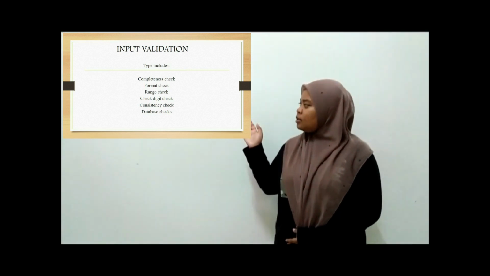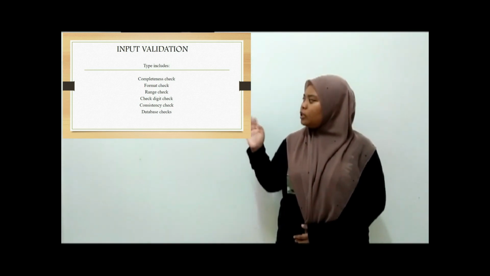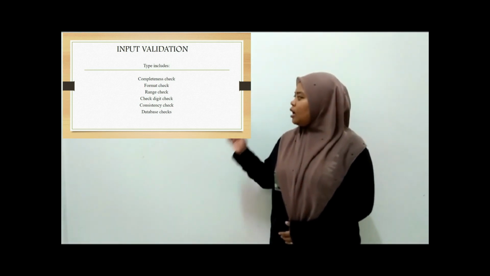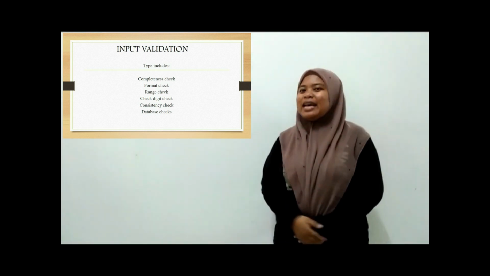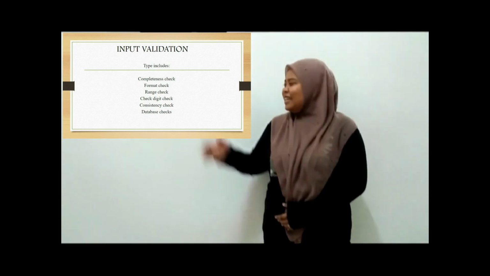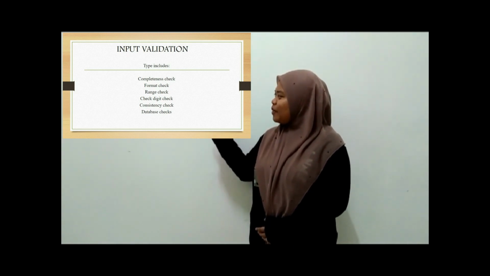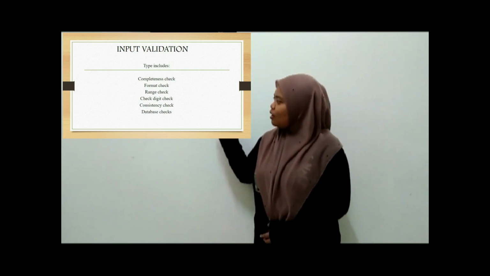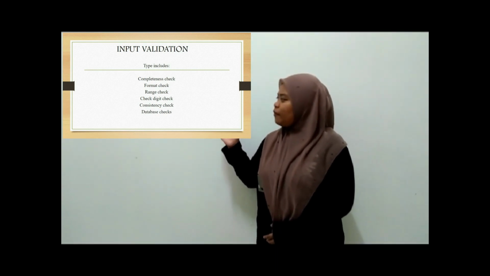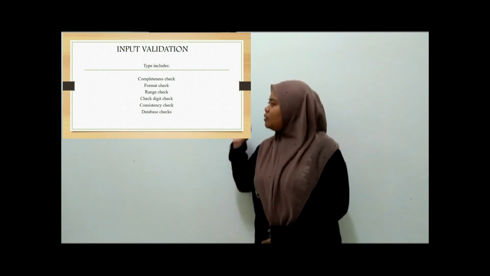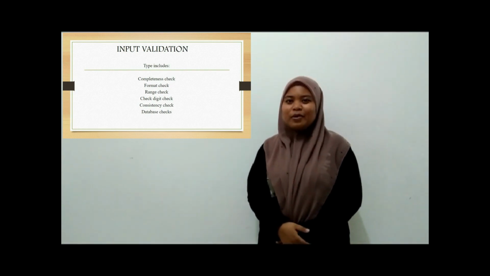It is a test performed to determine if the data is internally consistent. Sixth is a database check. It is the process of checking global and country specific databases to verify if a candidate has been involved in many attributes.